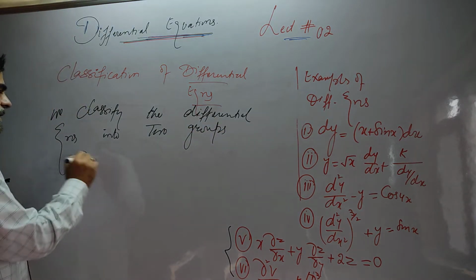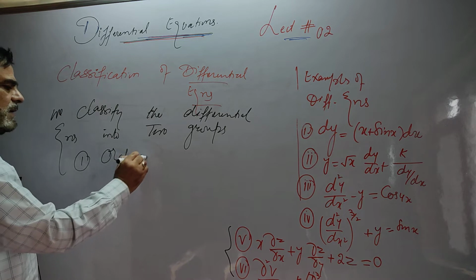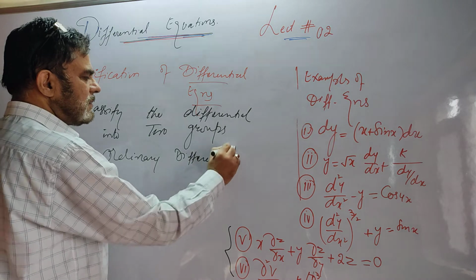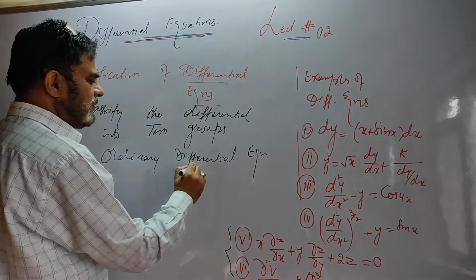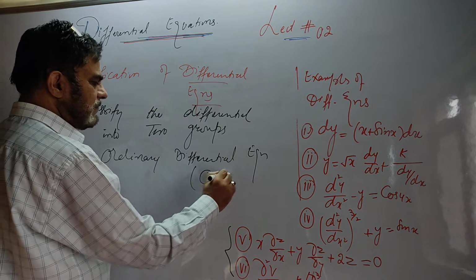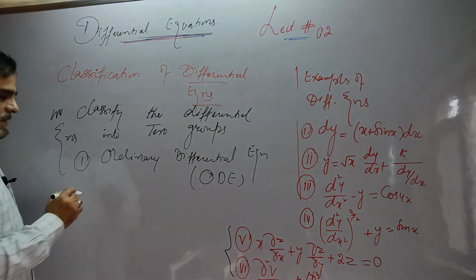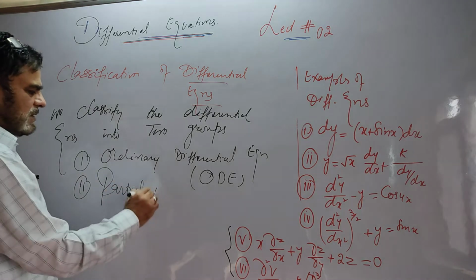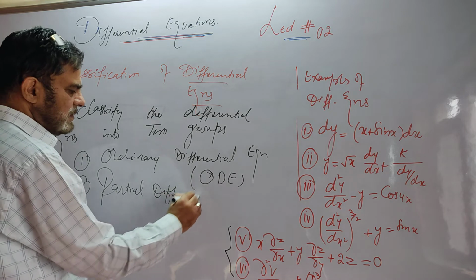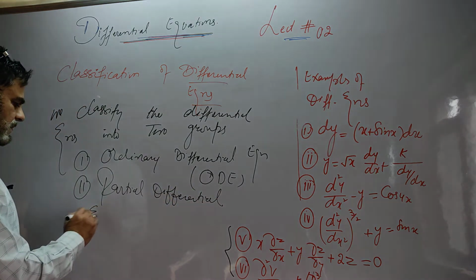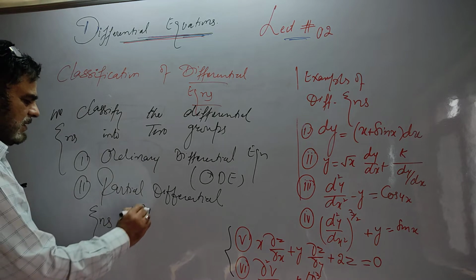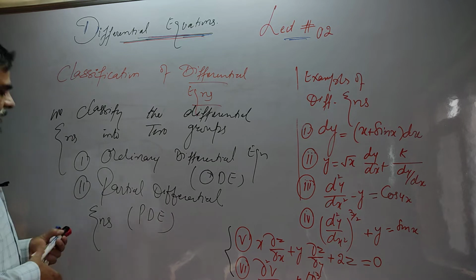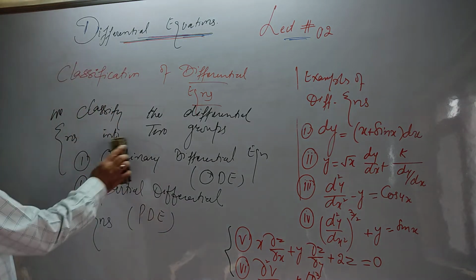One is ordinary differential equation, usually written as ODE, and the second is partial differential equation, that is PDE. Now what are ordinary and what are partial? Let us define this.